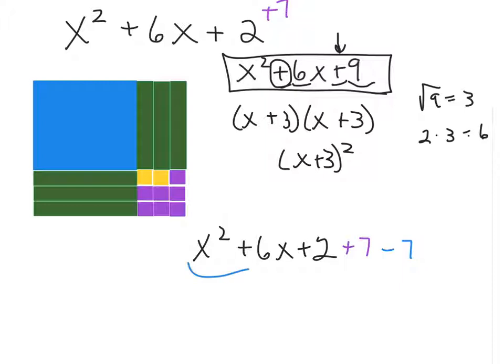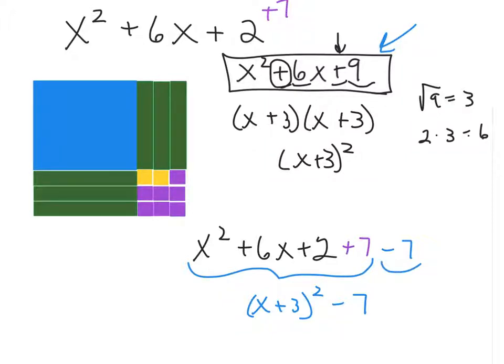So when we look at this piece, it factors to be x plus 3 squared, and we have an x plus 3 squared minus 7.